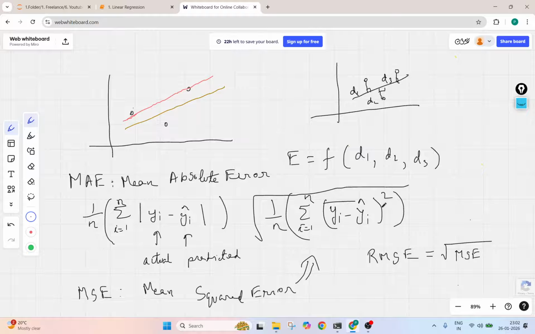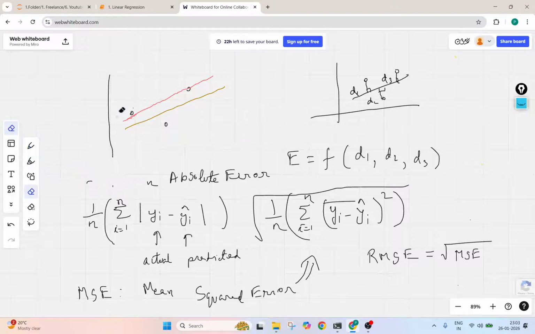And the error is in the same unit as that of the target, so there is no issue with respect to unit confusion. But it still penalizes the larger errors heavily, so it is also sensitive to outliers. So this was all about MAE, MSE, and RMSE, that is root mean squared error. We just clear everything out.